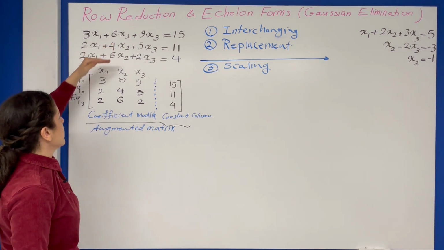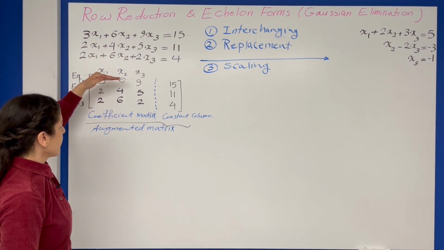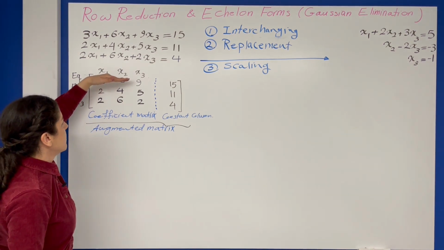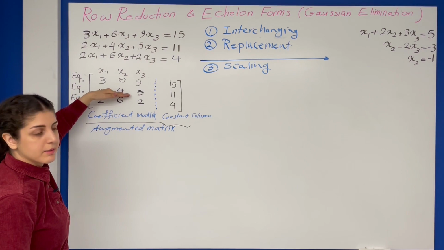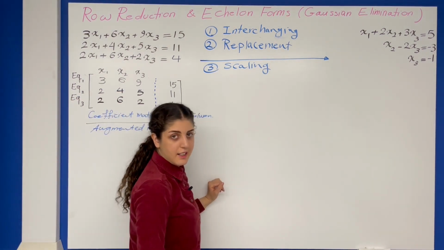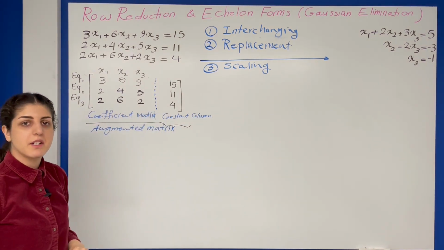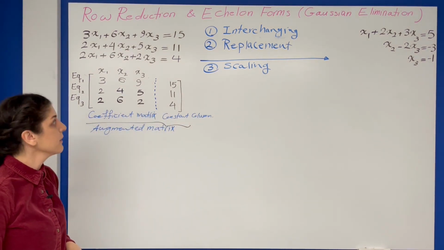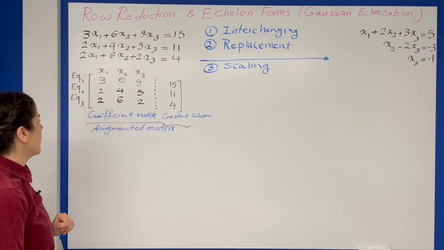So in the matrix, I'm allowed to add a multiple of one row to another row. The third one is scaling, which means that I can multiply one row by a non-zero real number. The same thing holds for the linear equations.